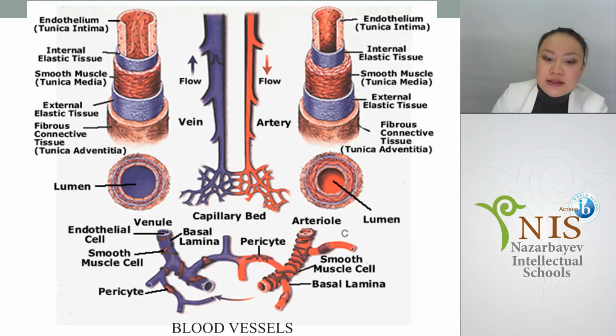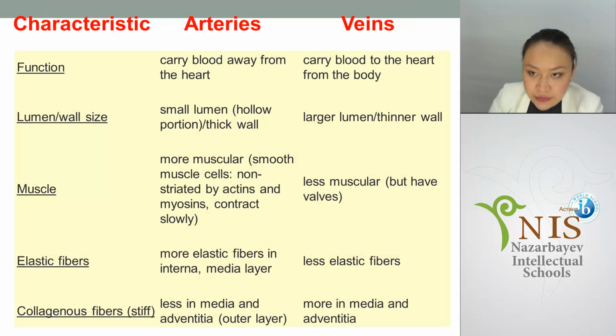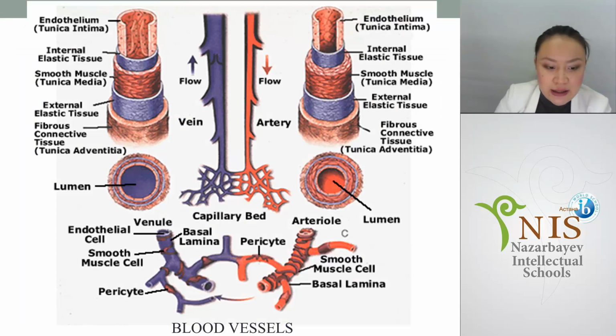This is another subtopic of our big topic. You know, 3 types of blood vessels, yeah? It is arteria, vein, and capillary. Of course, this arteria and vein have differences. First, look at the picture.